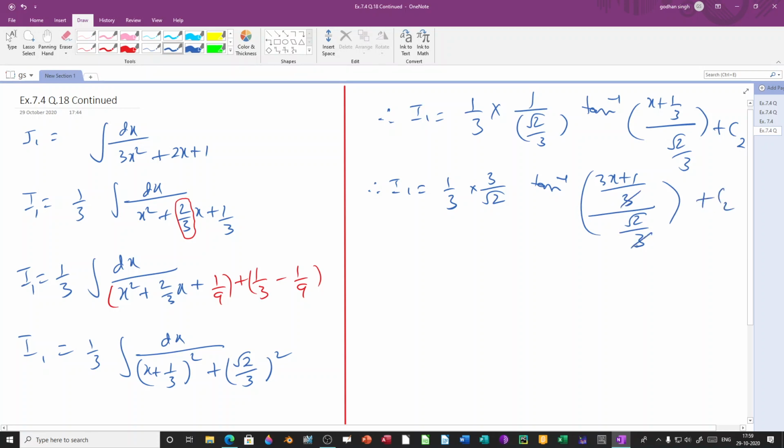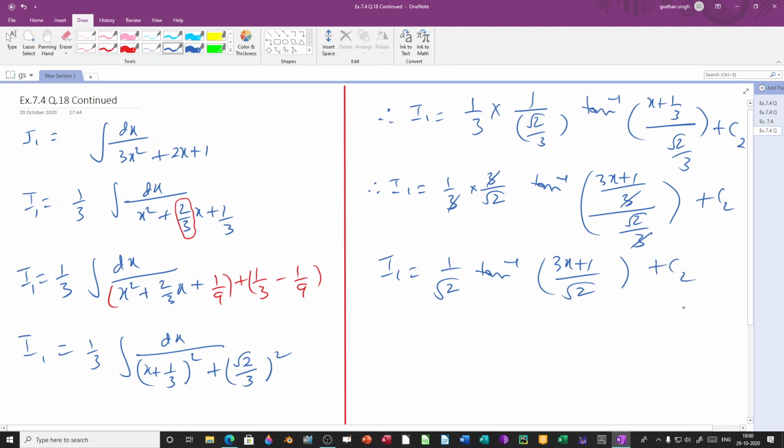Here the 3 and 3 cancel out. We will be getting I1 equal to 1 by root 2 tan inverse of 3x plus 1 over root 2 plus C2. So this is our I1.